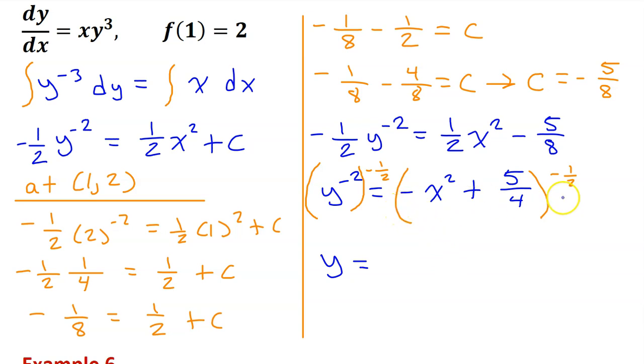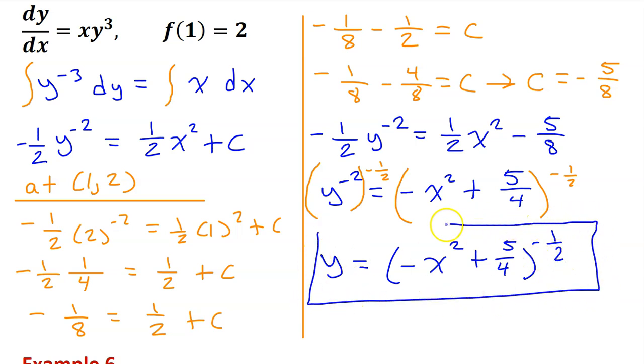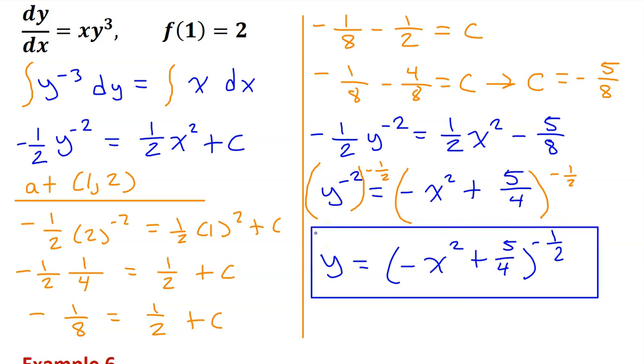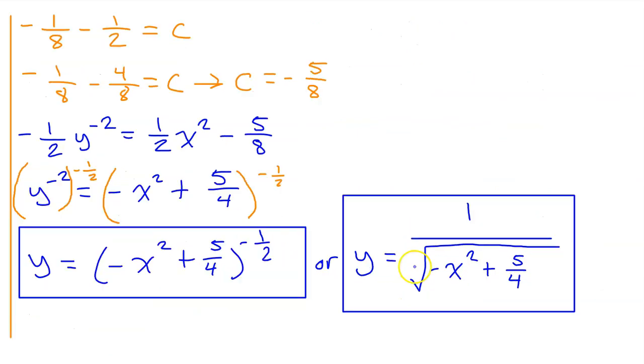So what you see on the right-hand side is the answer. Maybe I'll just show it. So one version of the answer would look like this. But we can also drop this expression down to the denominator and even put it inside a square root. So here's another version of the answer.